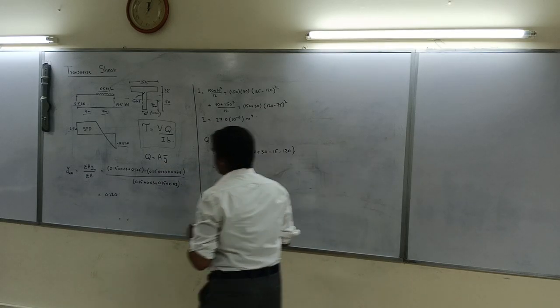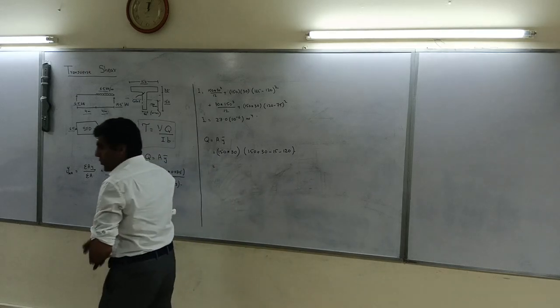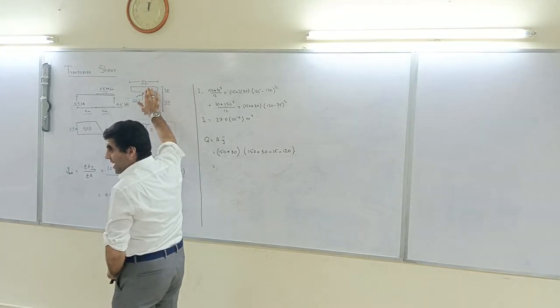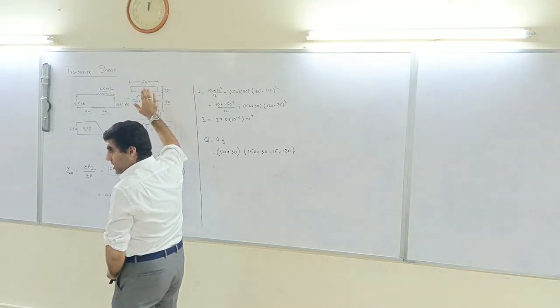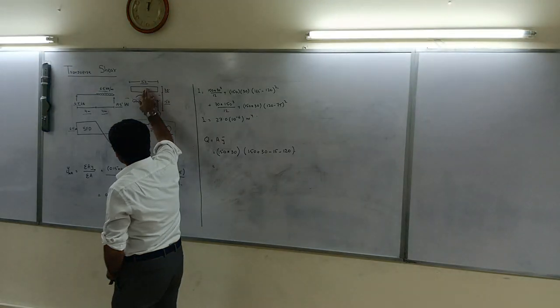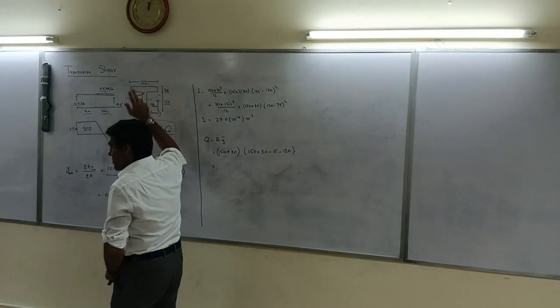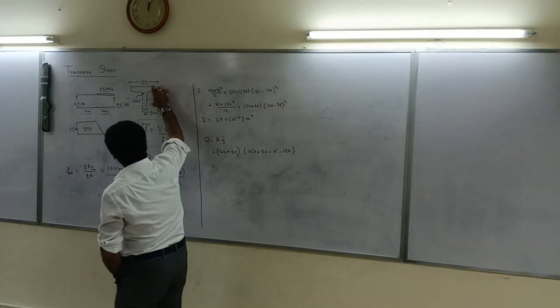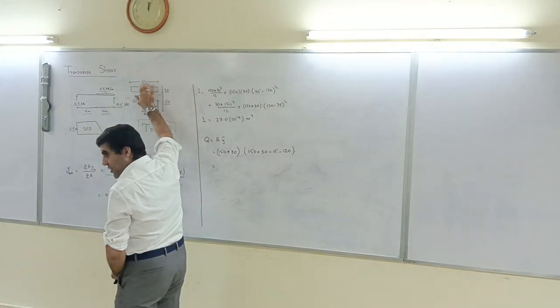So what I have done is, as I told you, we are interested in this area. That's the area which the shear is going to take. So this area times y bar. How do we find y bar? Y bar is from the centroid of this area under consideration, the area of shear.